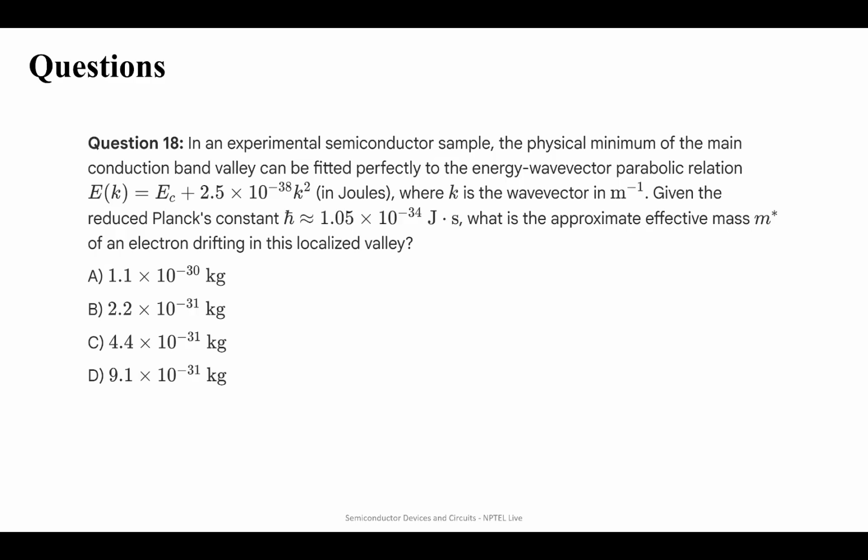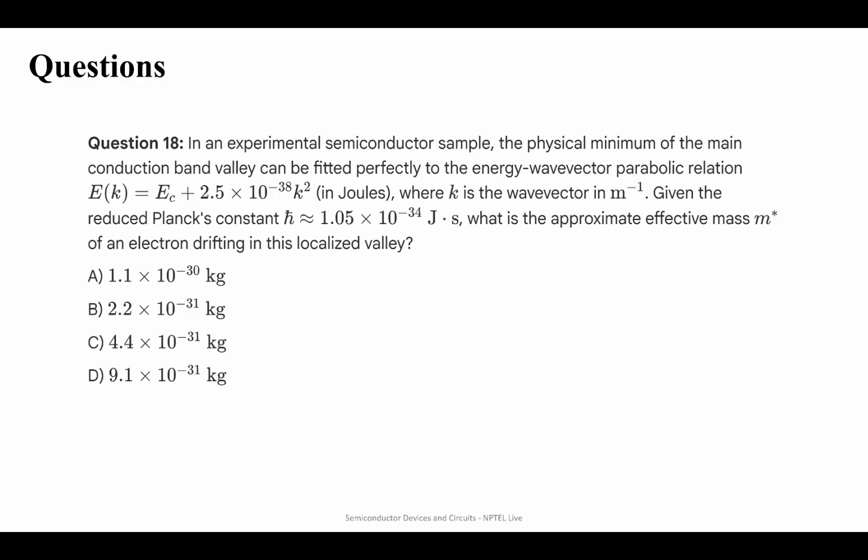In an experimental semiconductor sample, the physical minimum of the main conduction band valley can be fitted perfectly to the energy-vector parabolic relation E(k) equals Ec plus 2.5 times 10 power minus 38 k square in joules, where k is the wave vector in meter inverse.